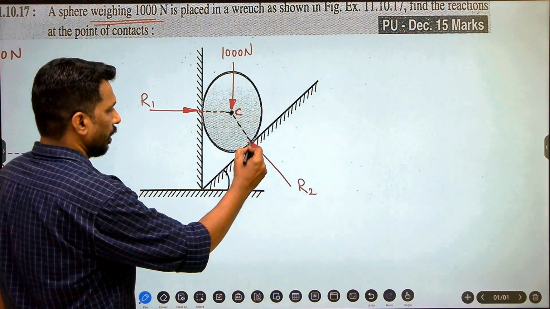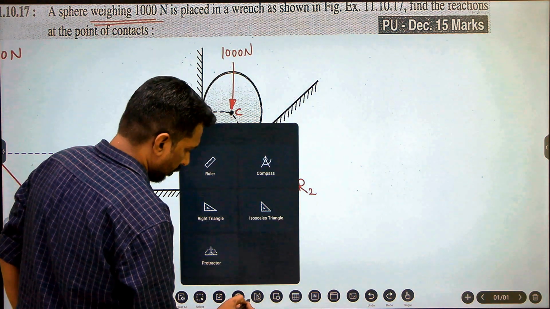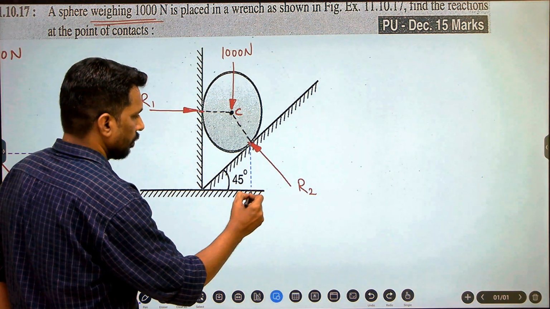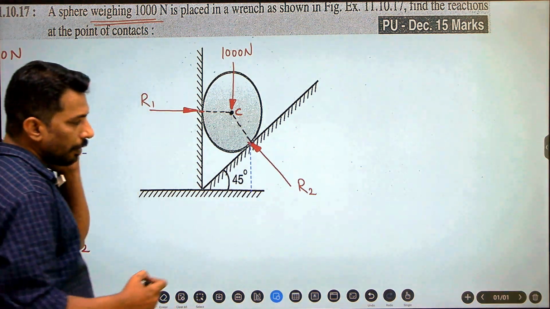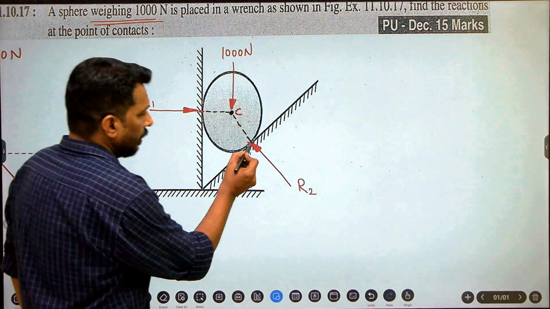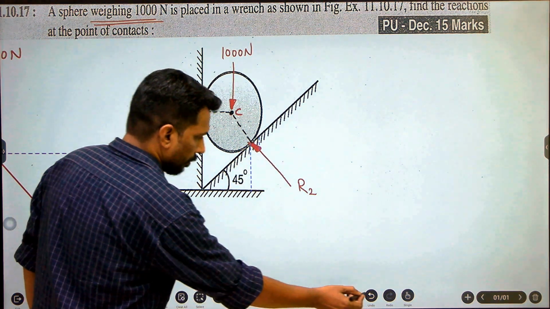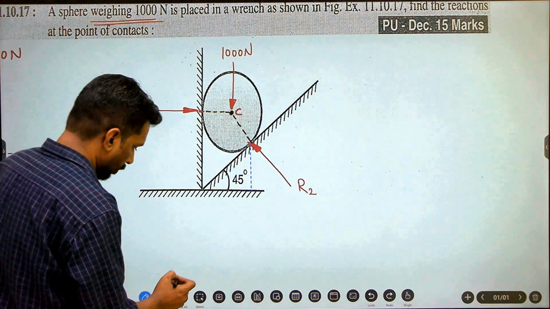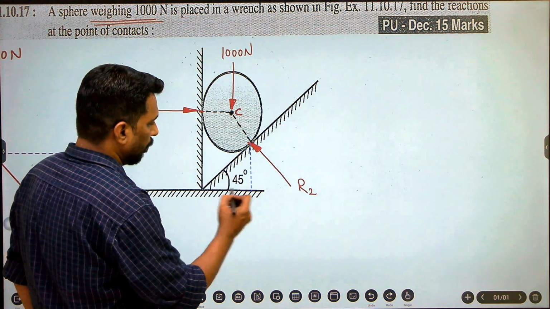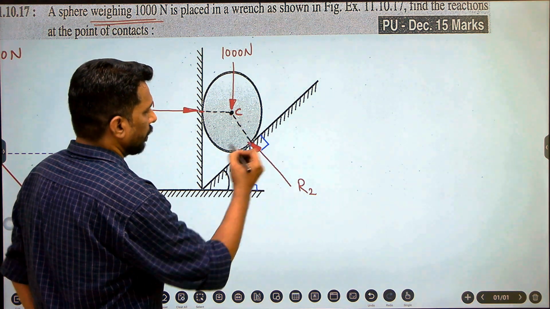This is a vertical line from this point. Now this is perpendicular to the horizontal, and this reaction is perpendicular to the contact surface.